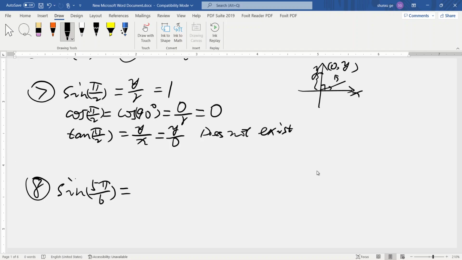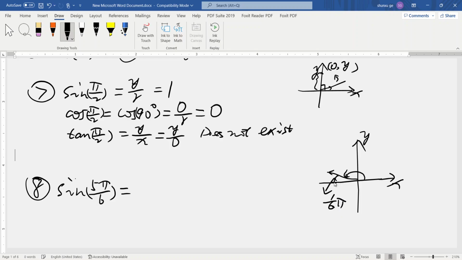So here x, y, 5 pi over 6. So it's about here, so the angle is large. So this part is 5 pi over 6, and here the angle is 1 over 6 pi.